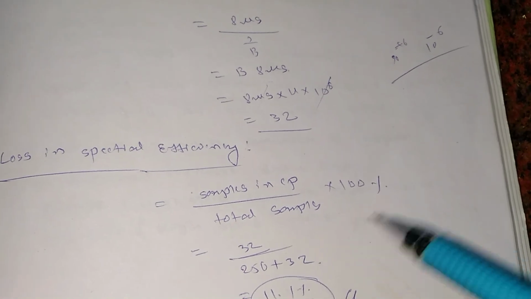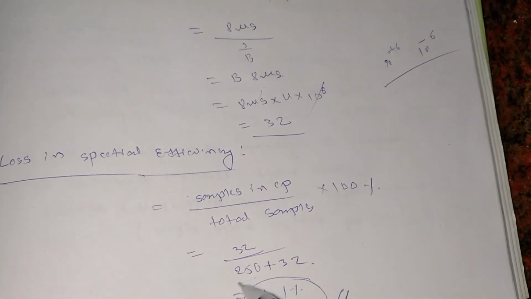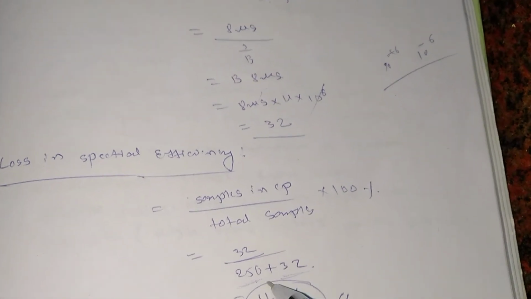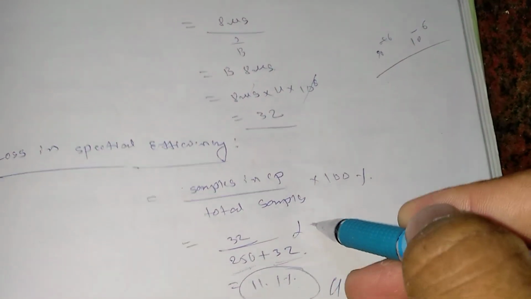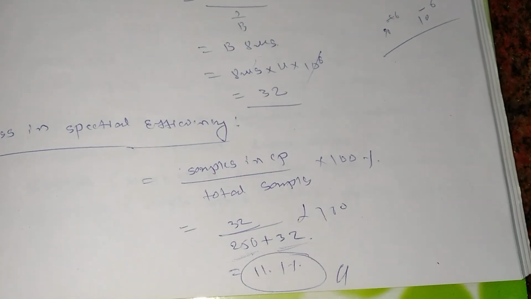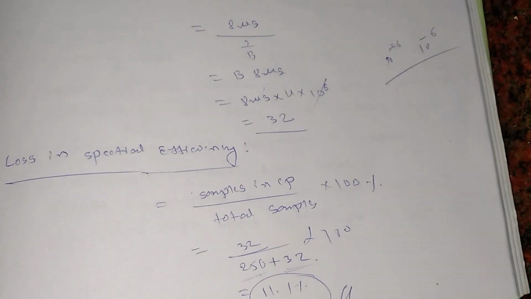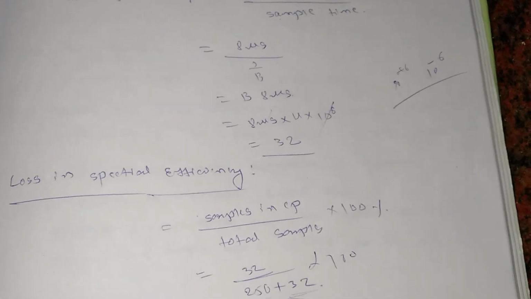So total will be 256 plus 32, and of course 100 will be there. So if you calculate, you will be getting 11.1% as the spectral loss due to addition of cyclic prefix element in the particular OFDM system.